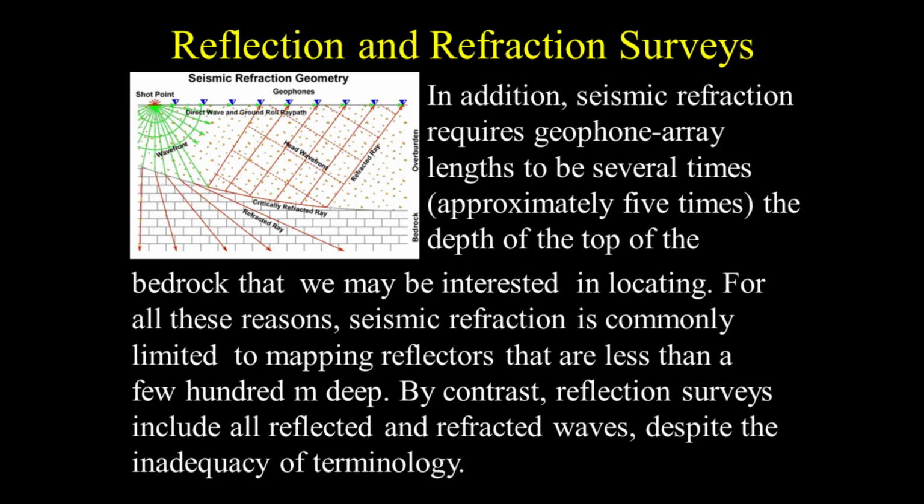By contrast, reflection surveys include all reflected and refracted waves, despite the inadequacy of terminology. Therefore, data resulting from the reflection surveys contain significant amounts of data, even for small geophone array lengths. Modern oil and gas exploration, with its large offset surveys, includes both reflected and refraction events.